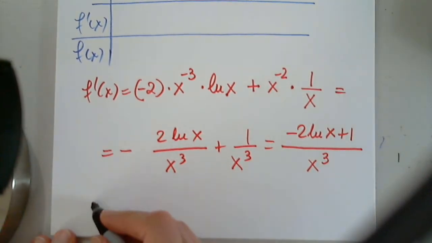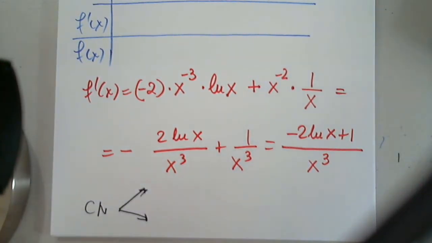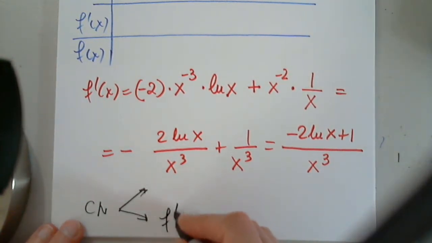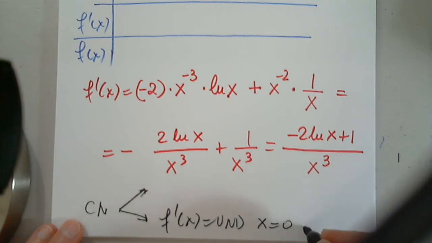Okay, and now we know that critical numbers come from two sources, and for any function I have to analyze both. What are the two sources? Undefined and 0. Good, undefined. So f prime of x is undefined when x equals 0. Excellent.